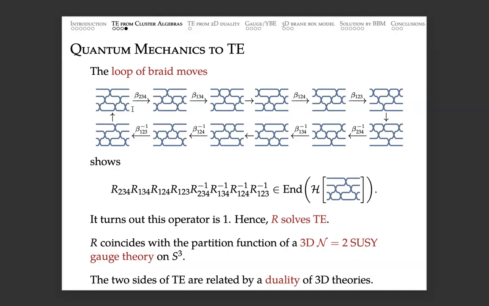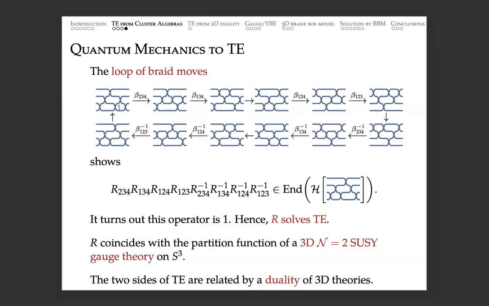So to each wiring diagram there's an associated quiver, and to each quiver there's an associated quantum mechanical system. You have applied 8 braid moves, and it comes back. According to what I said, there are 8 unitary operators, and if you multiply them, it's going to be some unitary operator acting on the Hilbert space of the first quantum mechanical system, associated to the quiver on the top left corner.